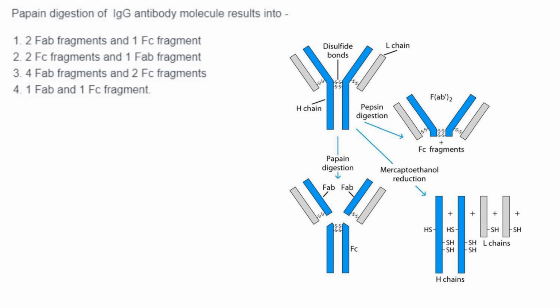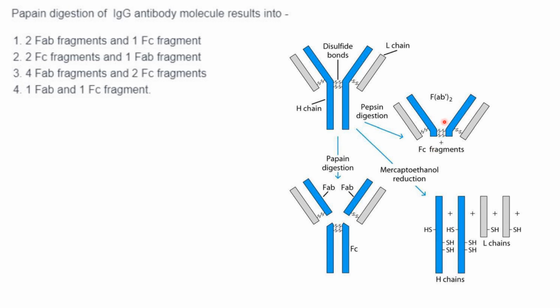Then next one, papain digestion of IgG antibody molecule results in. So this is your antibody. It is subjected to pepsin digestion, mercaptoethanol reduction and papain digestion. These you have to remember. That is why I have put that diagram here. With pepsin digestion, you will get F(ab')2 fragments plus Fc fragments.